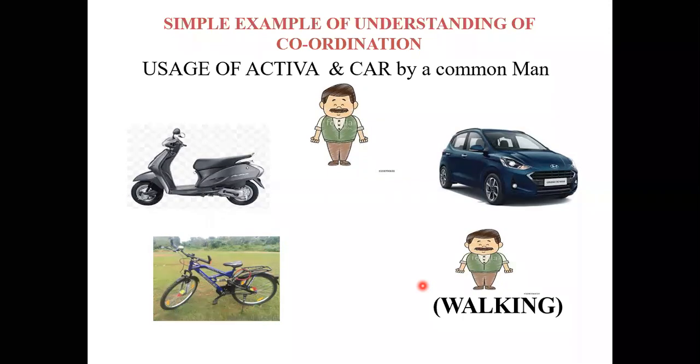He may use the Activa, he has a 4-wheeler, that is the car, he has a cycle, and one more option is walking. But out of these 4, I am considering only a 2-wheeler option and a 4-wheeler option, that is the Activa and the car, because we are not using a bicycle or walking nowadays.